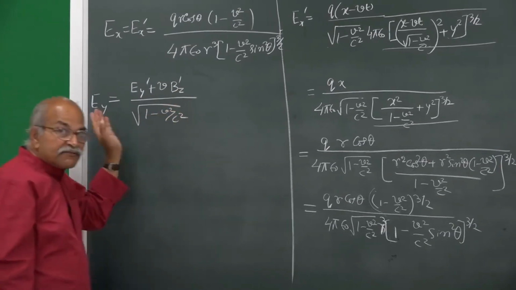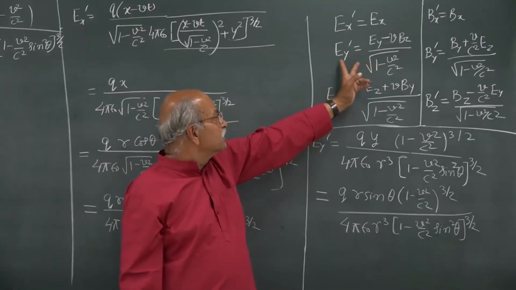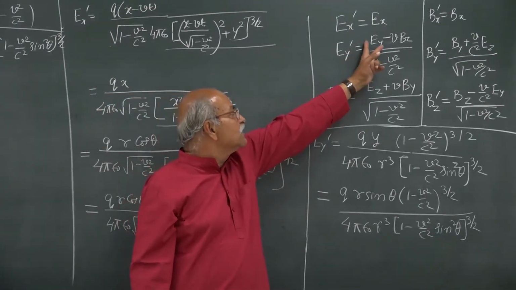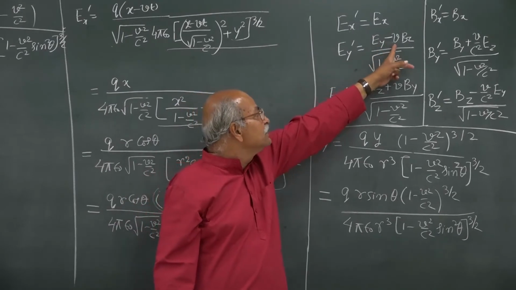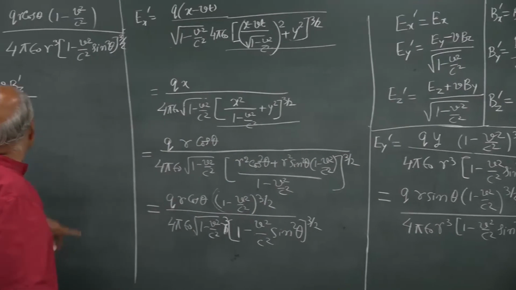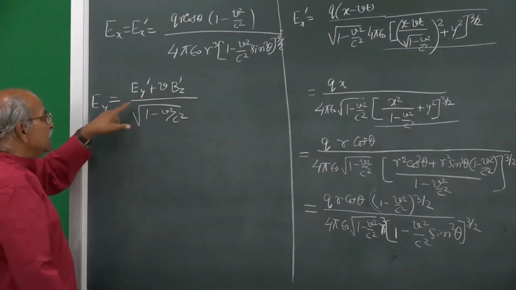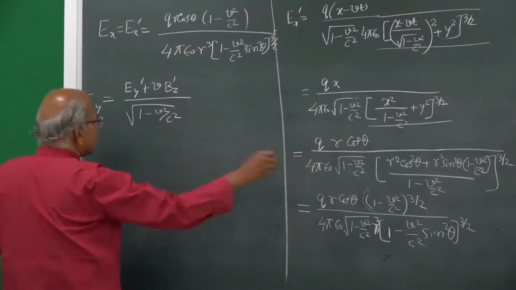This is from the transformation equation. I am reversing, inverse transformations are needed. So, Ey is equal to Ey prime plus V Bz prime and then this denominator. So, it is this. Bz prime is 0. So, this factor is not there, and Ey prime is there.